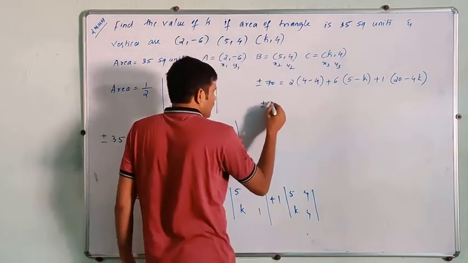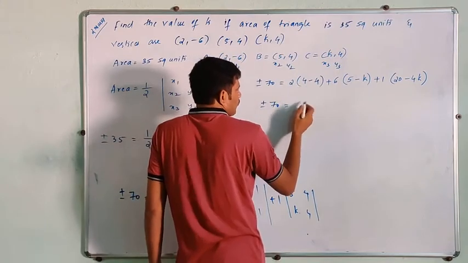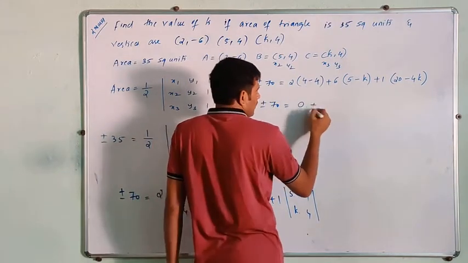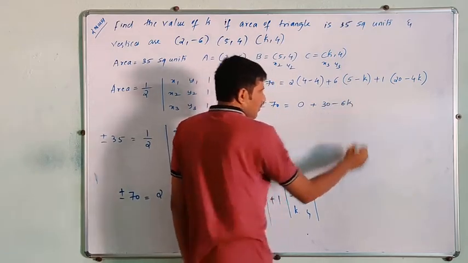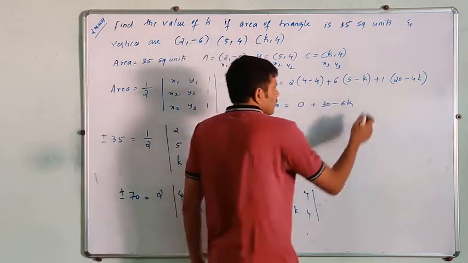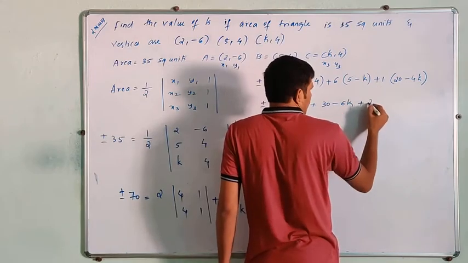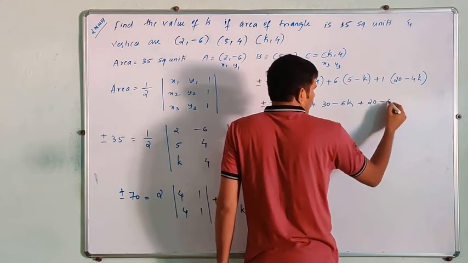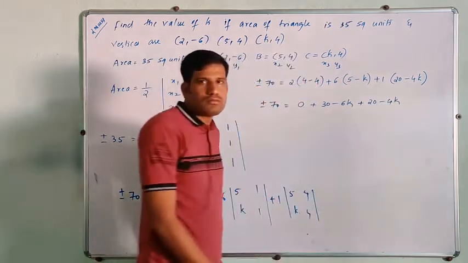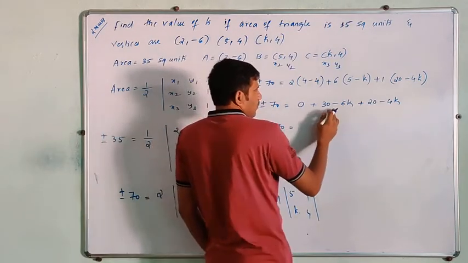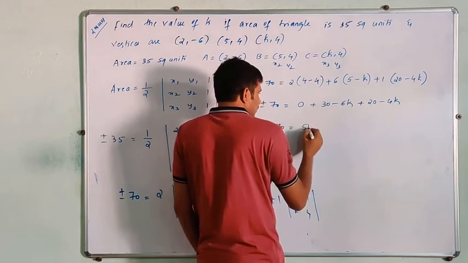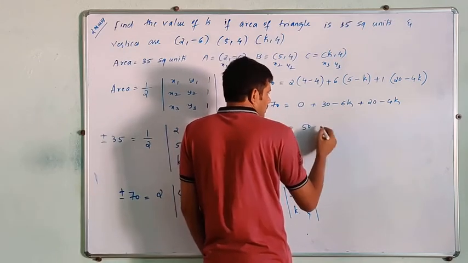So 4 minus 4 is 0, 0 into anything is 0, plus 6 into 5 is 30, 6 into minus k is minus 6k, plus 1 into 20 is 20, 1 into minus 4k is minus 4k. So plus or minus 70 is equal to 30 plus 20 is 50, minus 6k minus 4k is minus 10k.